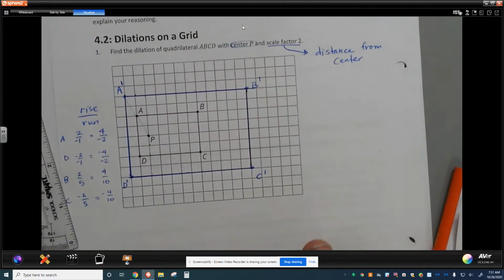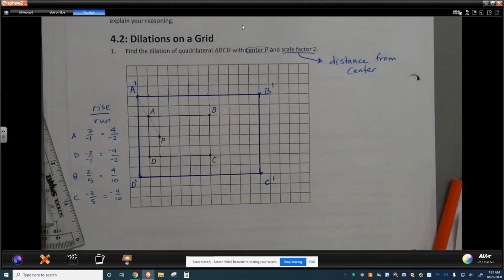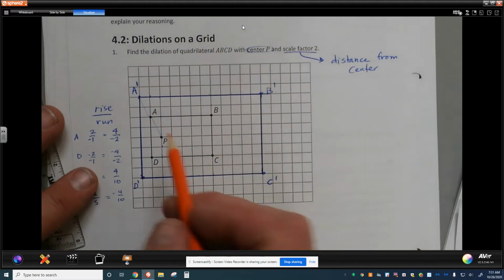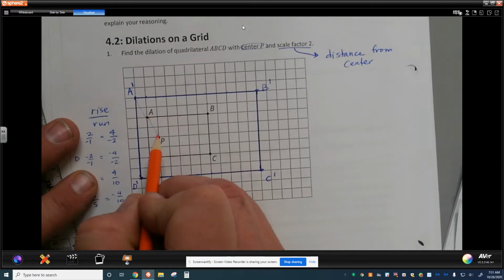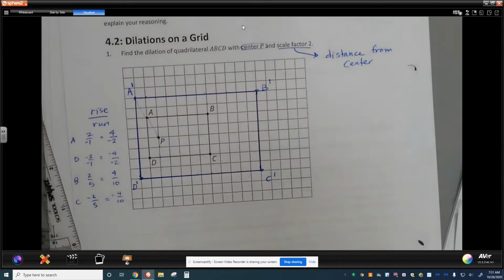Now here's one of the consequences that we can see. We can see that the distance from P to A is half of what it is from P to A prime because we saw growth.